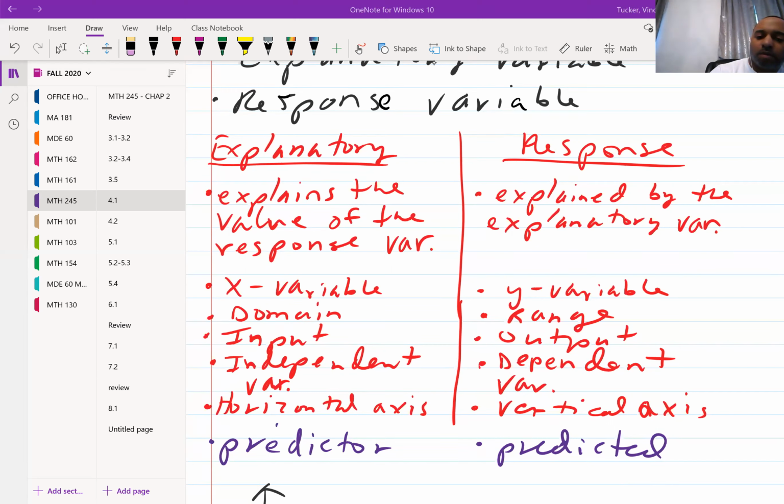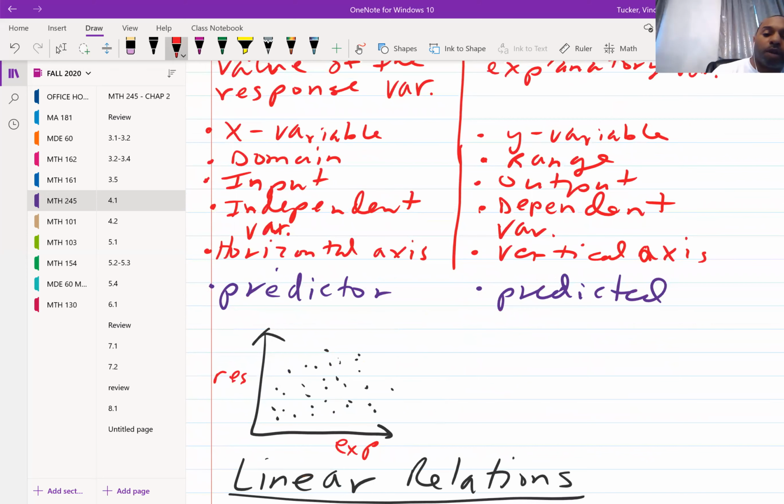So right here is just a general example of what your scatter plot will look like. If you remember your XY axis, we're just looking at the first quadrant. That's all we're using here. Your horizontal axis will be your explanatory variable, and the vertical axis will be your response variable.